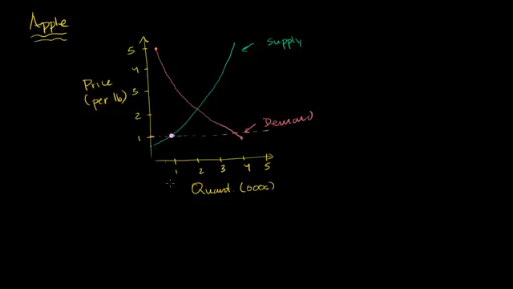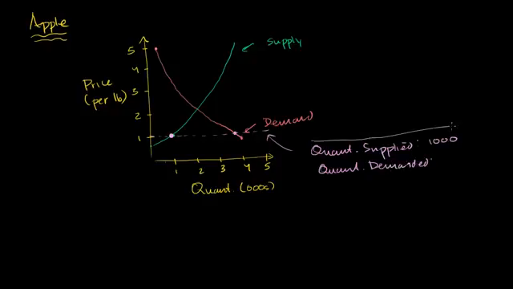So let me write this down. I'll do it in pink for this scenario. So in this scenario, the quantity supplied is 1,000 pounds. And what is the quantity demanded? And this is all a scenario where the initial price that the growers or the producers set was $1 per pound.